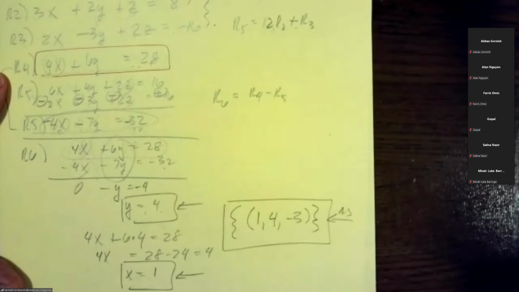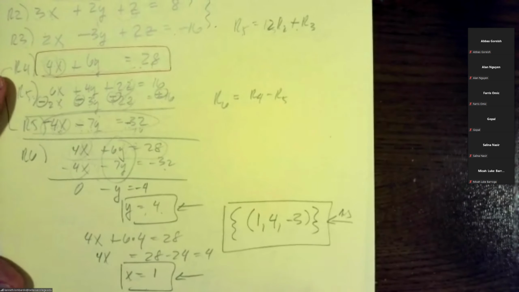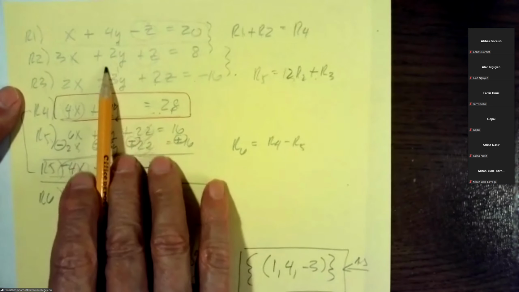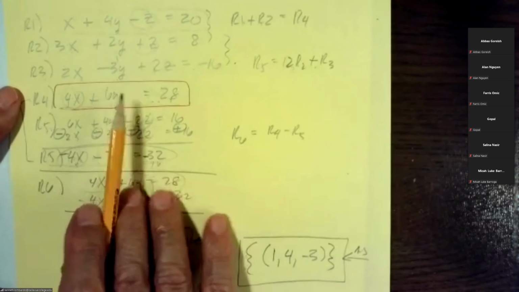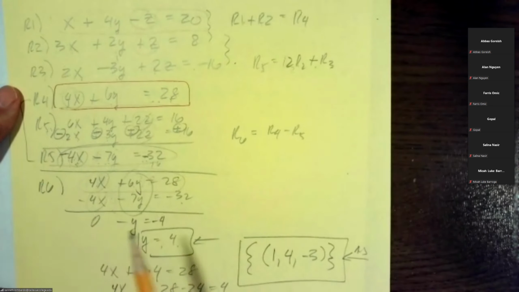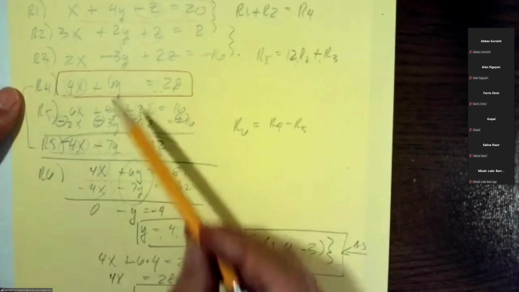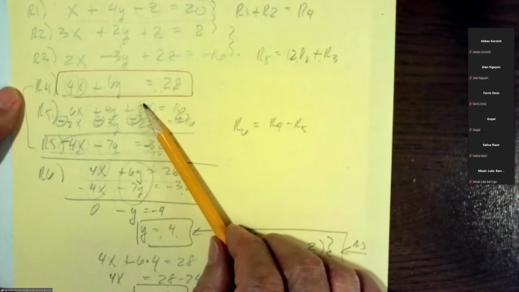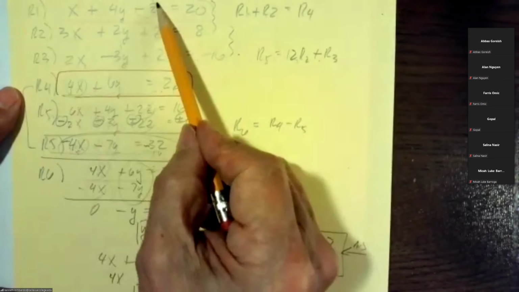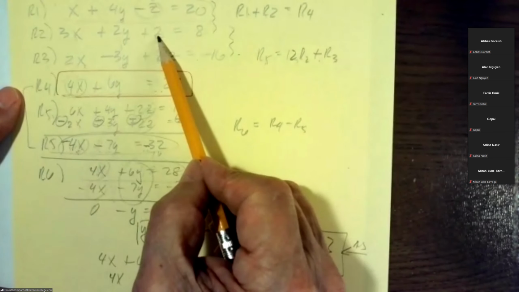Questions on what we did there, or in the nomenclature or anything? Started up here. The key is making sure that you label the equations as you develop them, and you're trying to eliminate a variable as you go through. We took a look at equations 1 and 2 and said, I can easily eliminate the z by just combining 1 and 2.